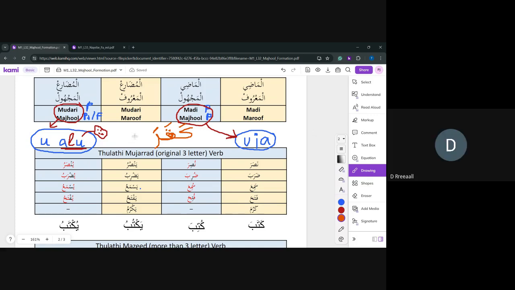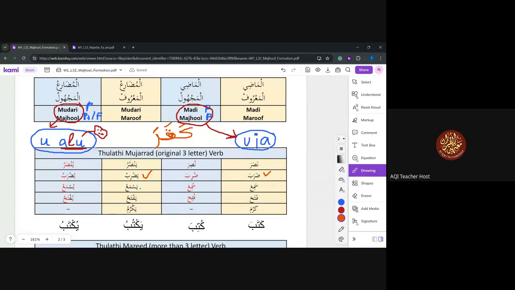And the Mudari Majhul would be? First of all, what would be the Mudari word for kafara? Let's do that first. Like for nasara, we have yansuru, daraba, we have yadribu. What would be the Mudari of kafara? Yakfuru. Yes.